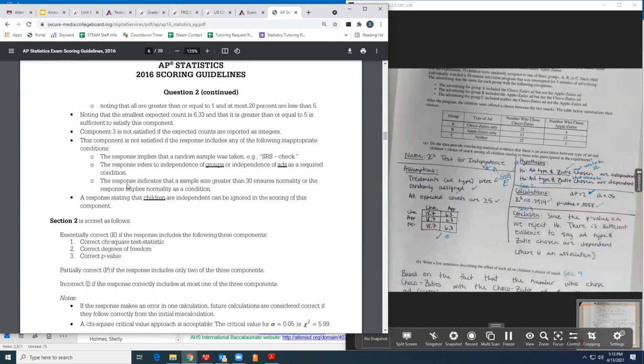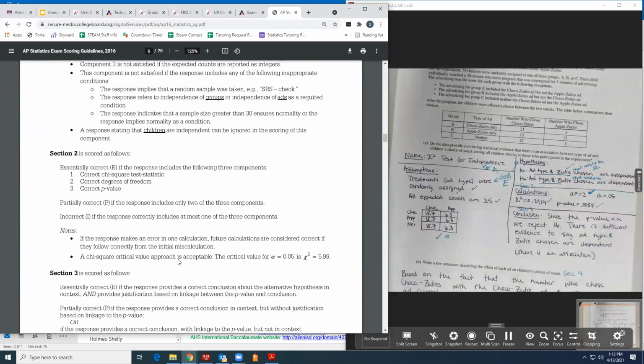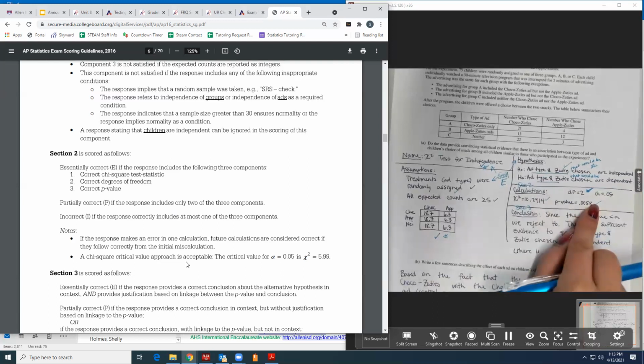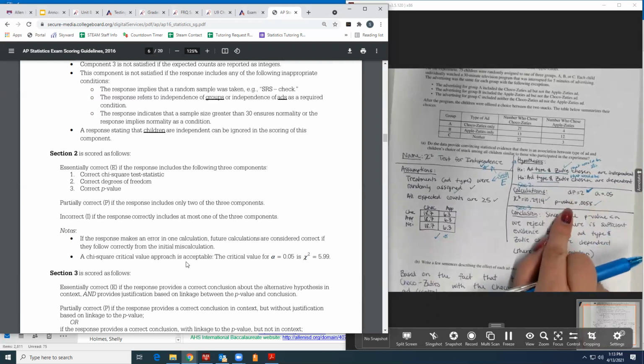Maybe I just missed it. So all 3 of those to get essentially correct. 2 of the 3 is partially correct. And they do error carried forward. I don't usually give you the error carried forward here, but if you had the wrong chi-squared value, but your p-value matched up with your chi-squared value, they would give you partially correct.